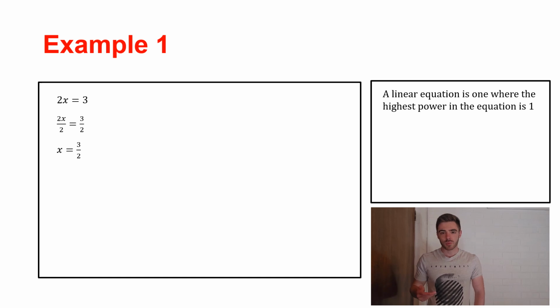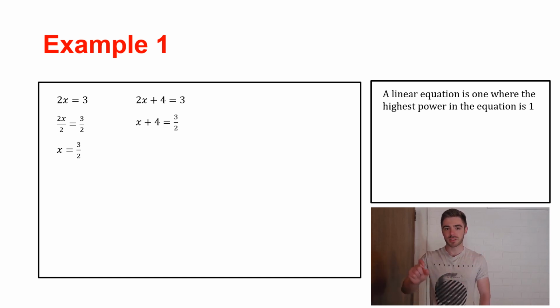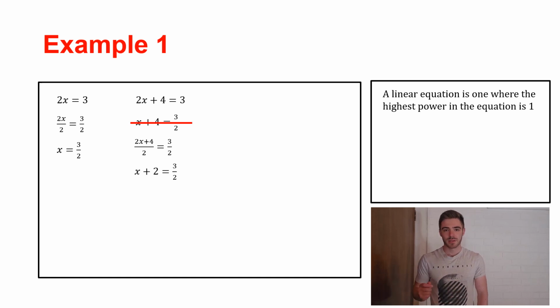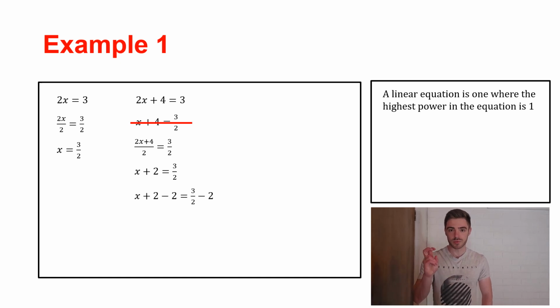This matters because when you have a more complicated linear equation, like this one here, where you have both a coefficient and a constant in there, dividing by 2 doesn't just mean you take the 2 from the coefficient and put it to the other side. No, it means dividing the entire left-hand side and the entire right-hand side by that coefficient of 2. And that looks like this. Now, once you've done that, you can continue to simplify this equation by subtracting 2 from both sides. That'll move the 2 from the left-hand side to the right-hand side.